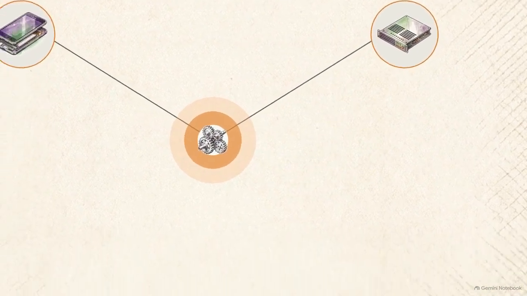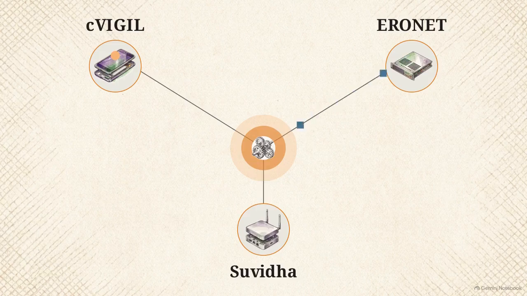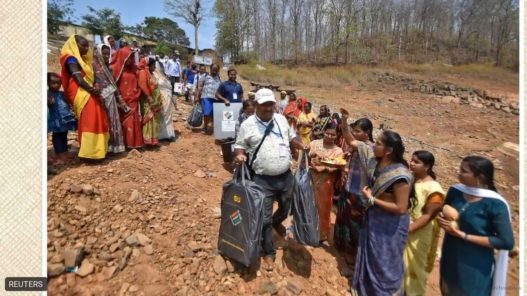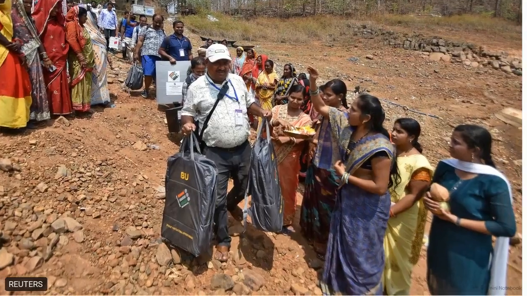This sits alongside Aeronet, the massive backend database processing the electronic rolls, and Suvida, a centralized hub for candidates requesting and tracking campaign permissions. But this high-tech digital ecosystem is immediately contrasted by the extreme physical logistics required to reach isolated voters. Election officials physically transport electronic voting machines across incredibly diverse and difficult terrain.